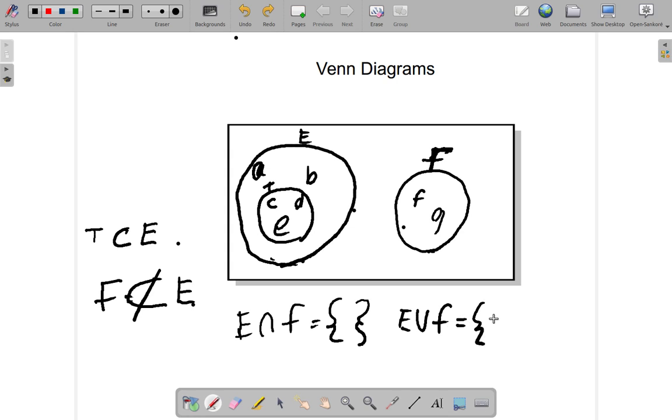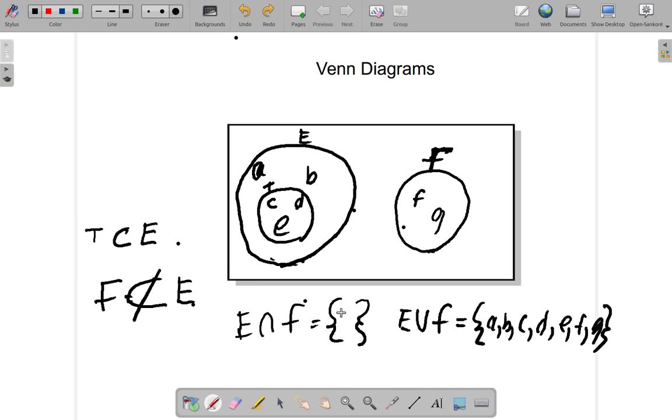Well, in that case, what do you think it is? Tell me. Alright. It is A, B, C, D, E, F, G. It's everybody, as long as they are either in English or in French or in both. Alright? That's everybody.